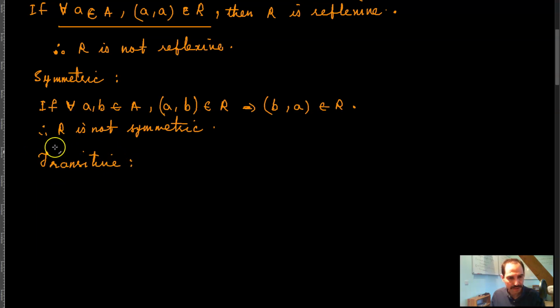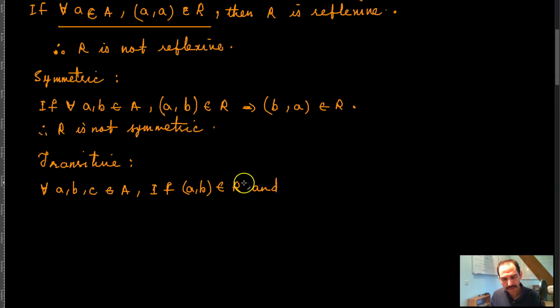The condition for transitivity of R is that for all a, b, and c belonging to the set A, if (a, b) belongs to R and (b, c) also belongs to R, then (a, c) also belongs to R. That is the condition, right?